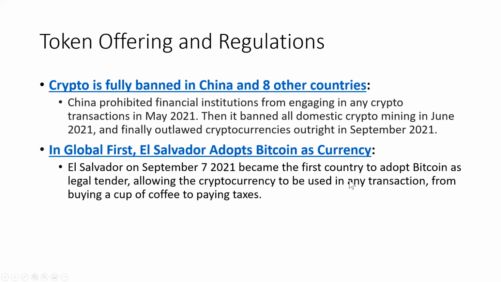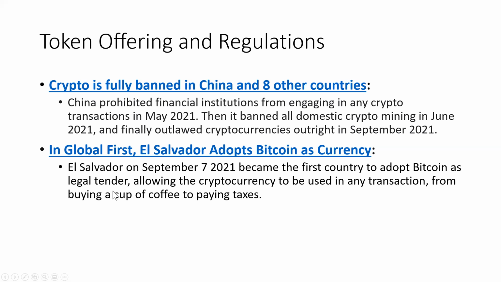But at the same time, some other countries began to adopt cryptocurrencies. So these are just opposite. The countries are going in opposite directions. Some countries are going to ban crypto, but some countries are going to adopt crypto. For example, El Salvador. This is the first country, and it happened last year, September 2021. El Salvador became the first country to adopt Bitcoin as a legal tender.